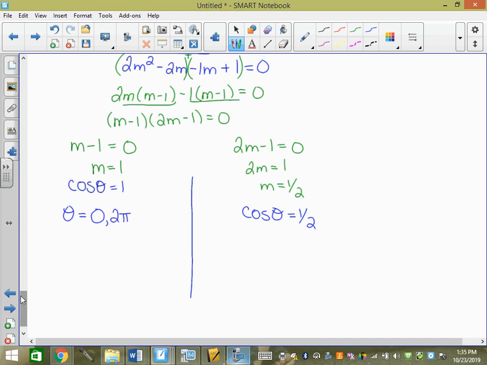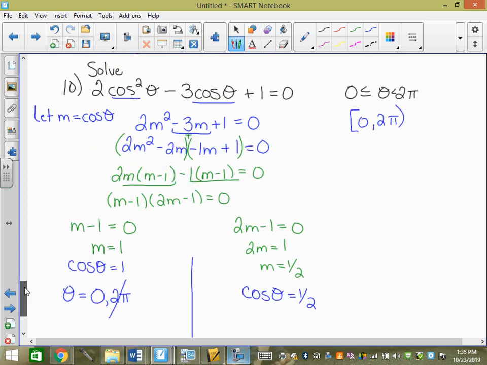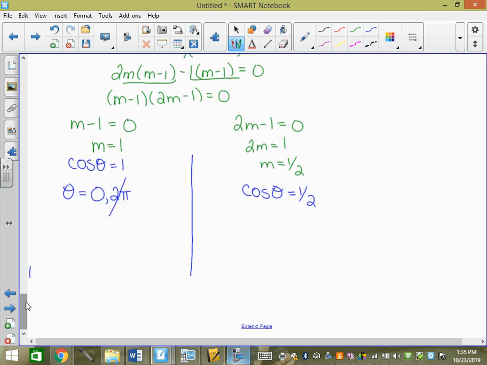But 2 pi was restricted out of my domain, because it's not equal to. Then cos x equals a half at 60s, and cos is positive here and here. So this is 60, and this is 300.